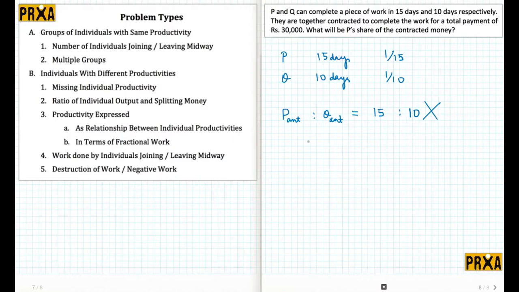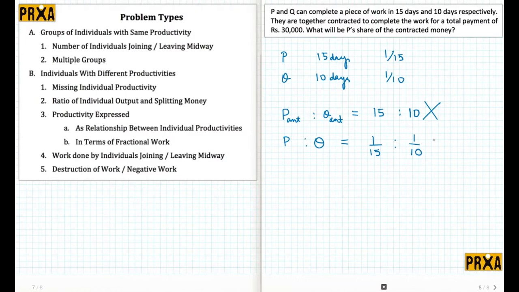So the productivity of P and the productivity of Q should actually be in the ratio of their daily productivity. Given the same amount of time, which is 1 day in this case, P is able to do 1/15th of the job, and Q is able to finish 1/10th of the job.